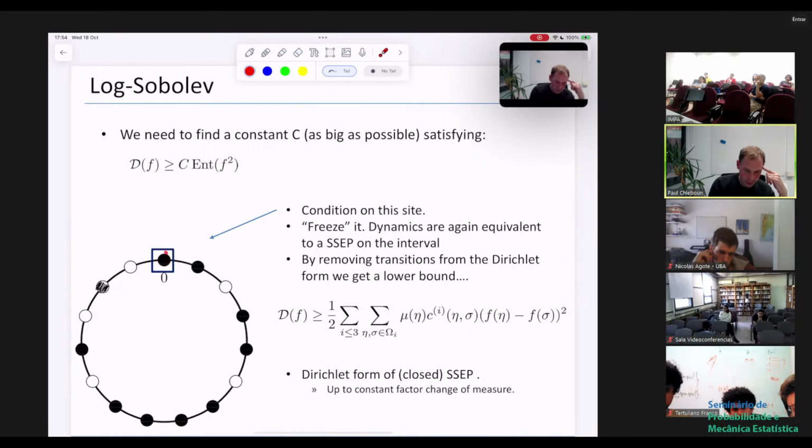If I remove these jumps, then it looks exactly like the facilitated exclusion process on the interval, which is ergodic if you take this as being your right boundary. So in particular, we can compare again with the simple symmetric exclusion process, and good bounds on the log Sobolev constant for the simple symmetric exclusion process are known.